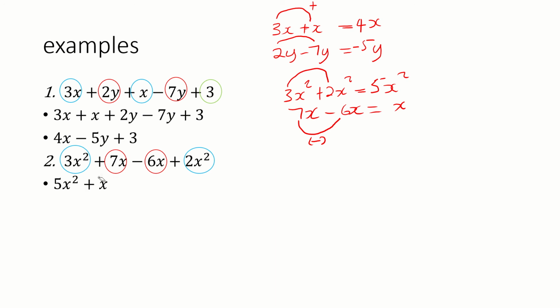After doing that, guys, I cannot add 5x squared with x because those are unlike terms. Even though they share the same variable, the exponents of those variables are not the same. So I can't add the two.